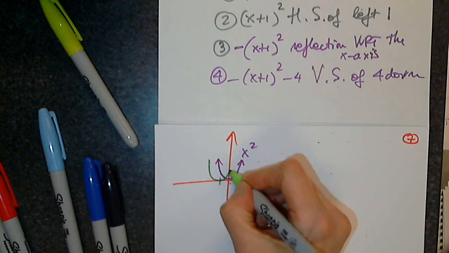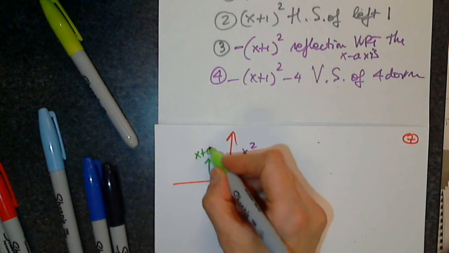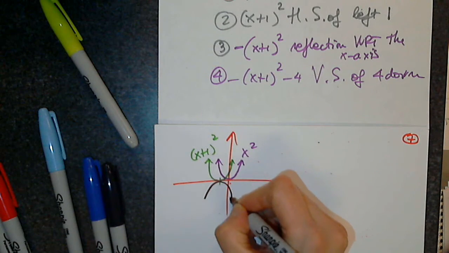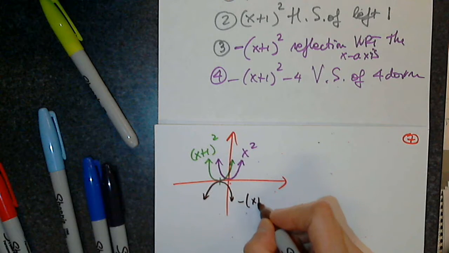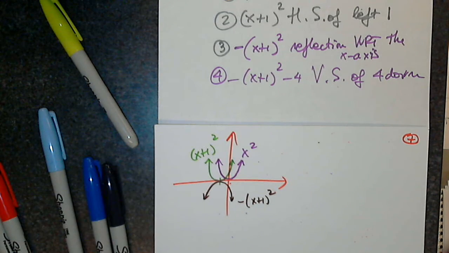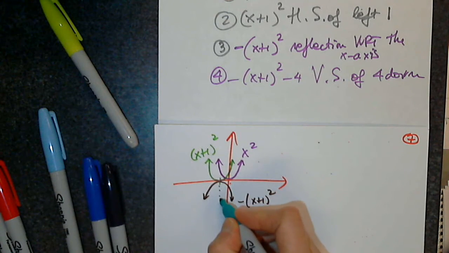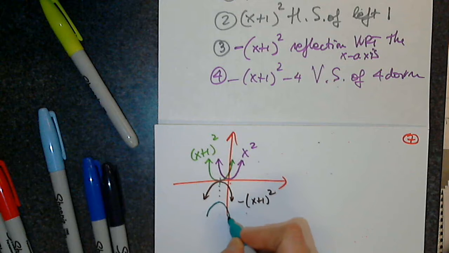Here it is. So this is x plus 1 squared. Then you told me to reflect it. Okay, here it is. Negative x plus 1 squared. And then you told me shift it down 4. And that's what I'm going to do. 1, 2, 3, 4. Where did 2x come from?